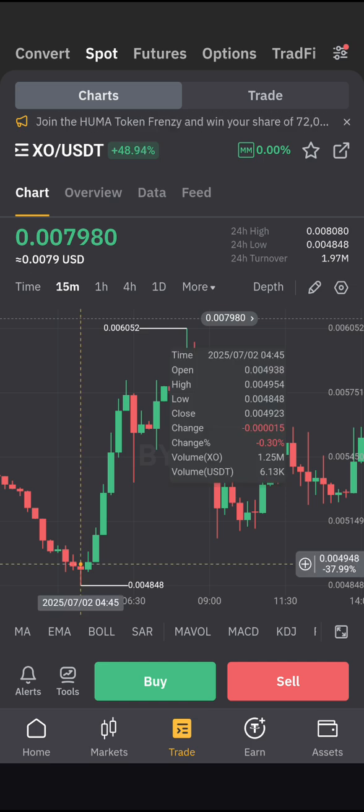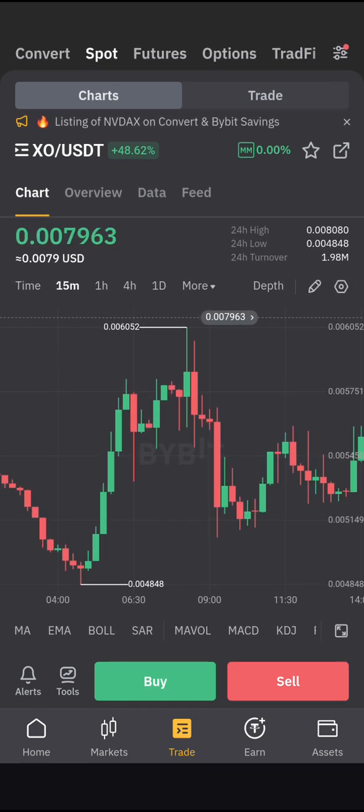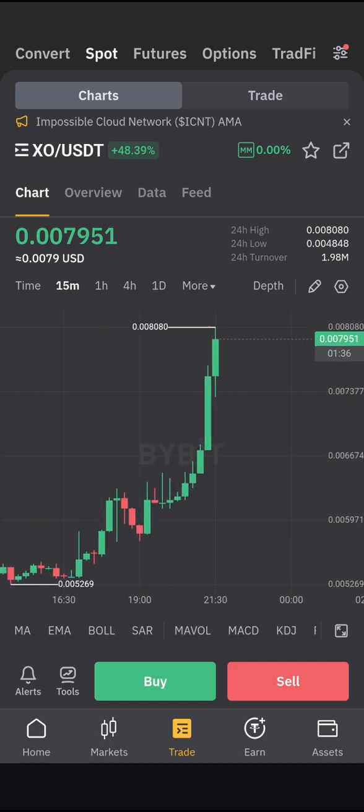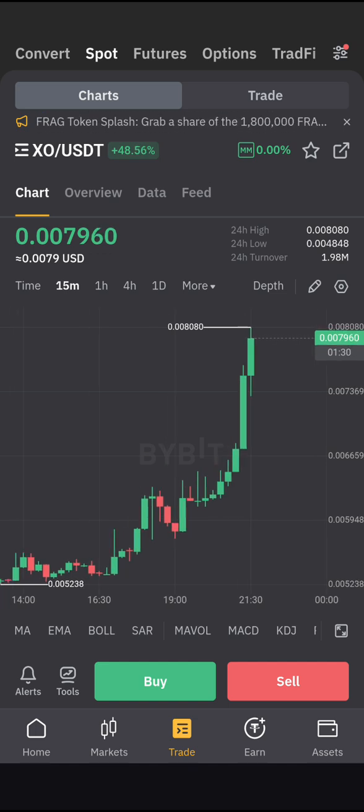So let's say you bought it at this level with like 200 USD, automatically your money has been doubled to 400 USD. If you manage to sell where it is currently, you have doubled your fund.